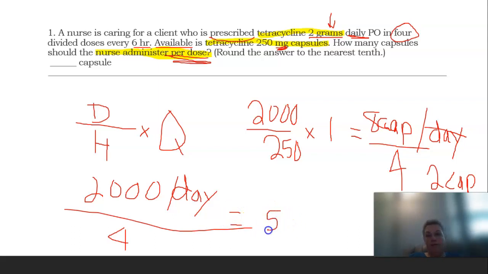That would have given me 500 a dose. 500 every time I walk in, I would have put that desired over have.